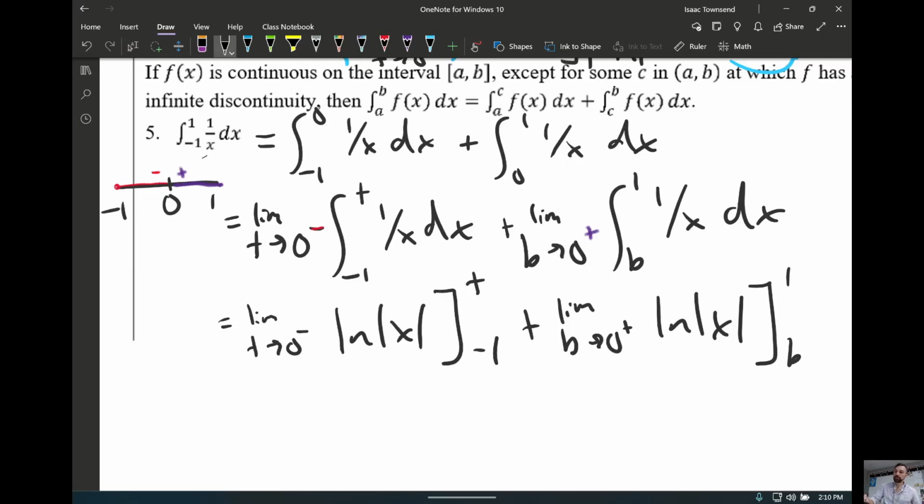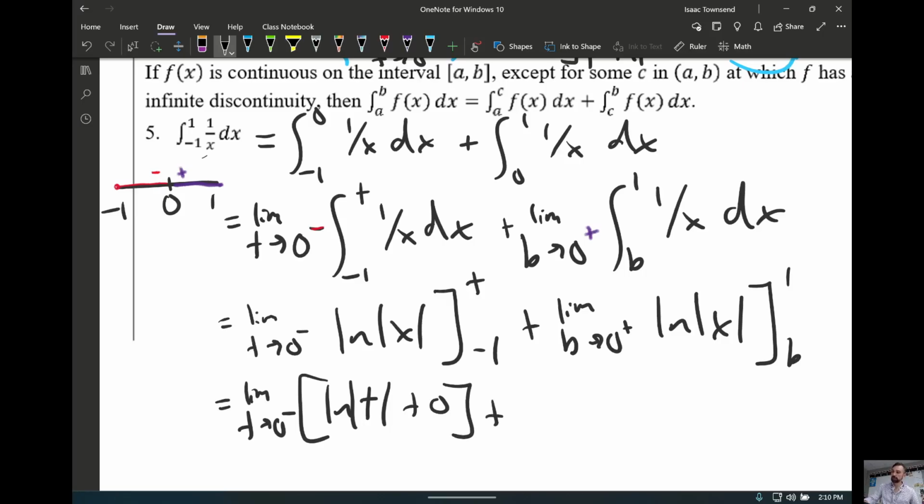So over here, the first time I'm going to plug in a t, then plug in a -1. Absolute value of -1 is +1, and the natural log of +1 is 0. Over here, I'm going to plug in 1 first, which would give me 0, minus plug in b.